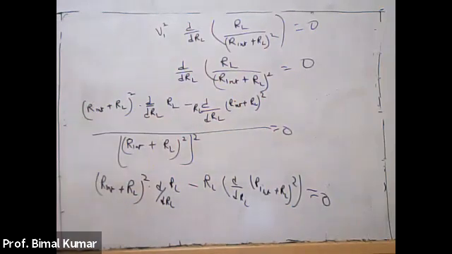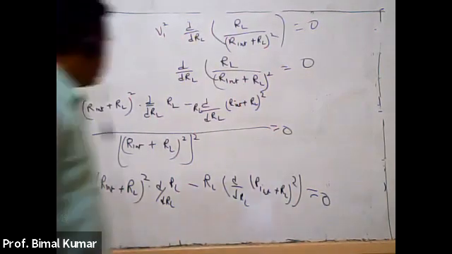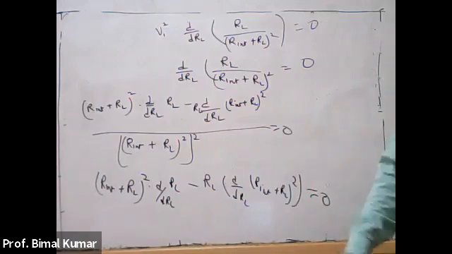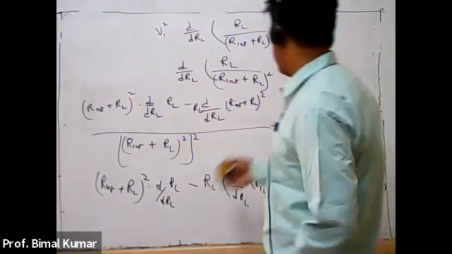I will just cross multiply v, that means R internal plus RL whole square, on the other side. Right? So what you will see, I'm just going to solve this equation further.